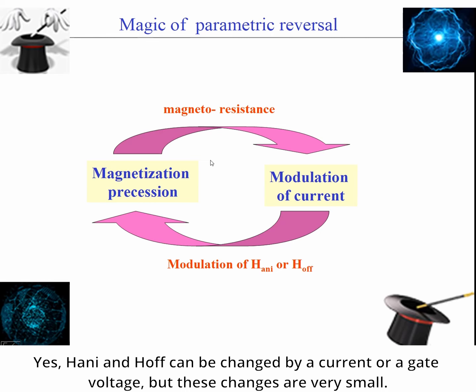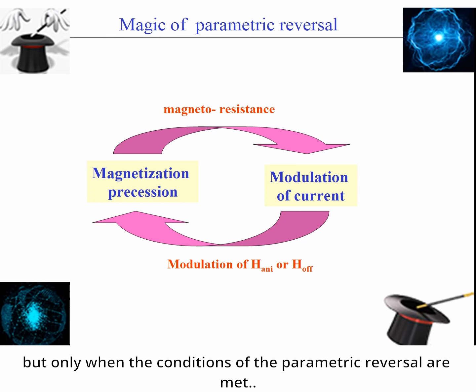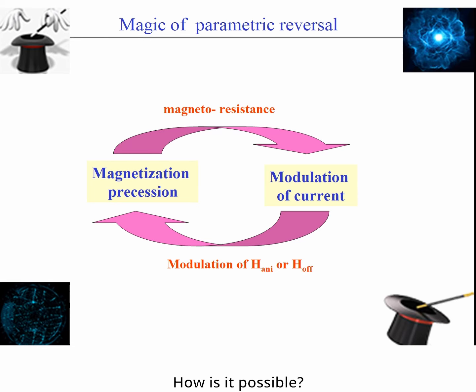Yes, anisotropy field and offset magnetic field can be changed by current or gate voltage, but these changes are very small. Still, it is possible to reverse the magnetization due to these small changes, but only when the conditions of the parametric reversal are met. How is it possible?